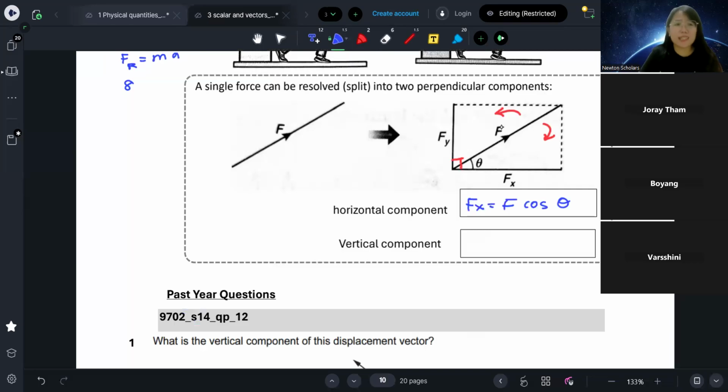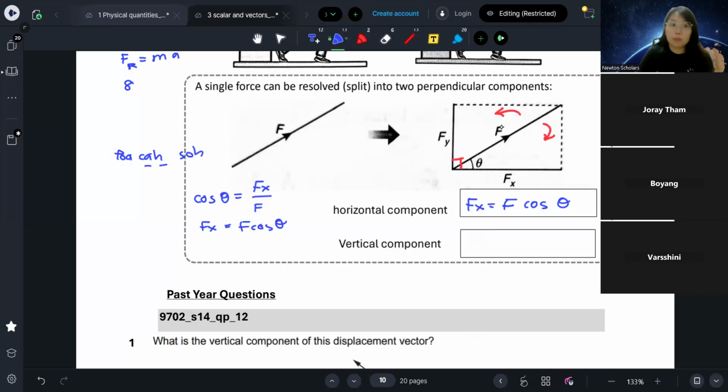This is just your mathematics cos theta, which is Fx divided by F. So your Fx will equal F cos theta.